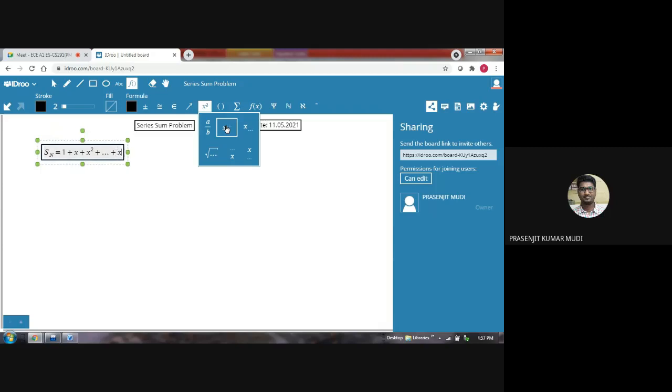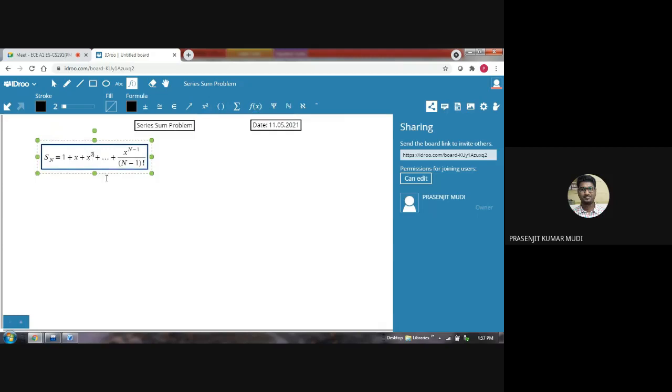will be given by x to the power of n minus 1 divided by n minus 1 factorial. And x by 1 factorial also. Okay. And here 1 by 1 because x to the power 0 by 0 factorial.